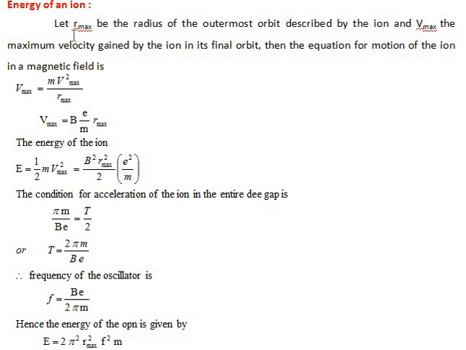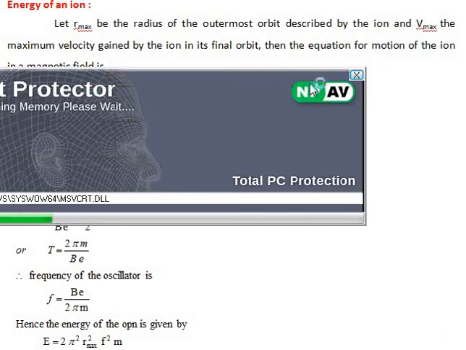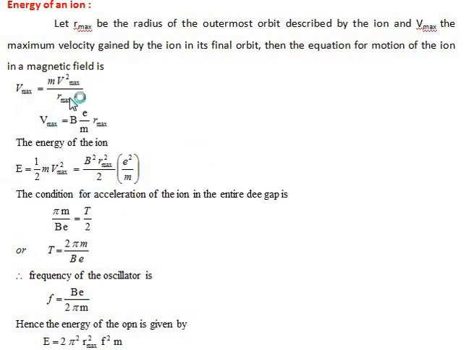So here, let r maximum be the radius of the outermost orbit described by the ion and v maximum be the maximum velocity gained by the ion in its final orbit. Then the equation for motion of the ion in the magnetic field is given by Bev maximum is equal to m v squared maximum divided by r maximum.